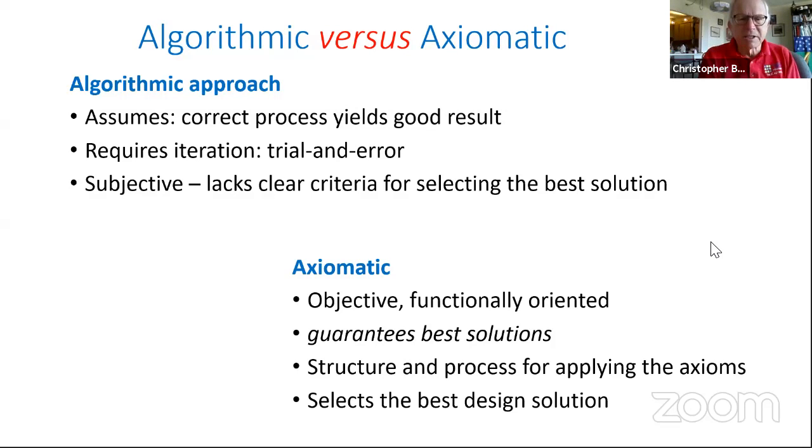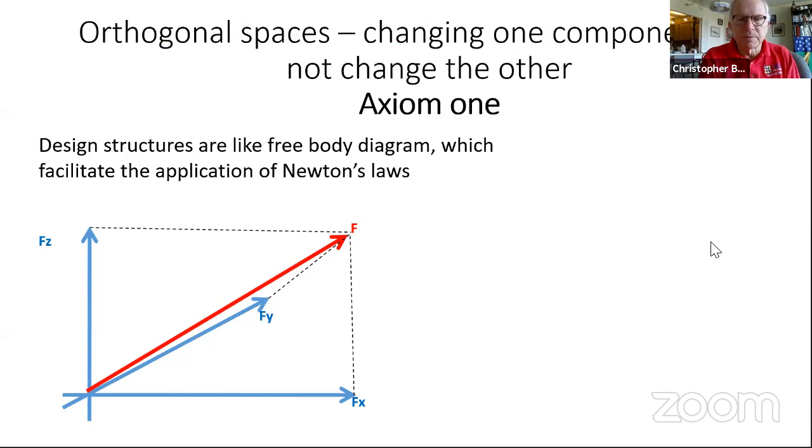All right, let's see. So as we develop this, when we talk about independence, what we're really talking about is developing orthogonal systems of functional requirements and solutions. So we're talking about a kind of free body diagram like we use when we're doing statics and dynamics problems.